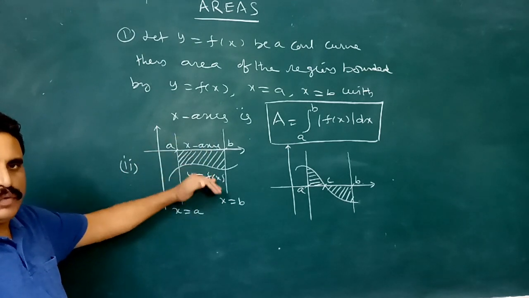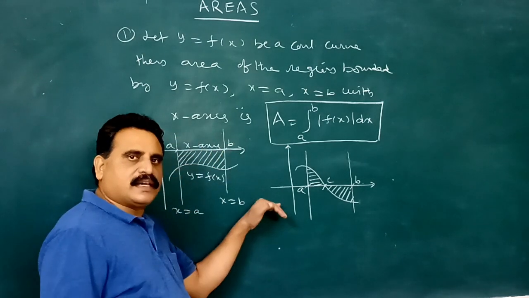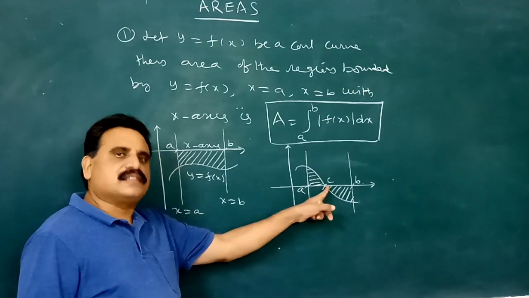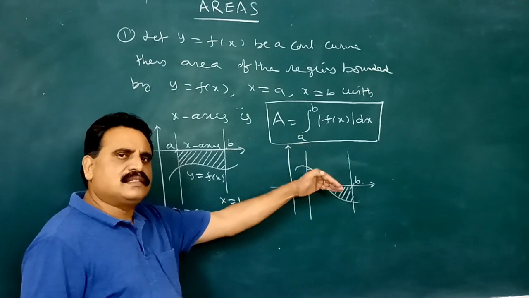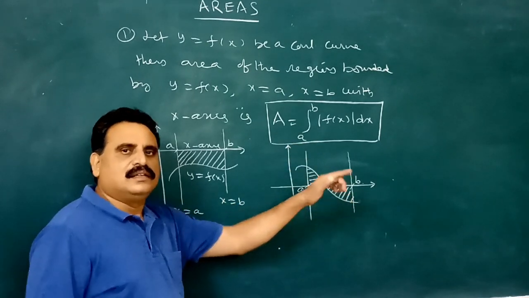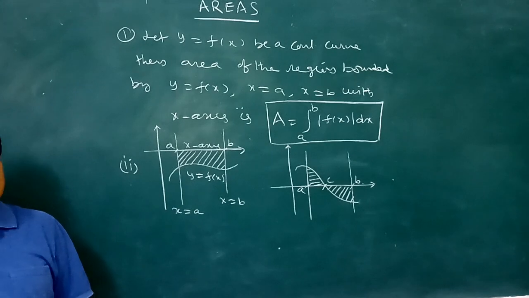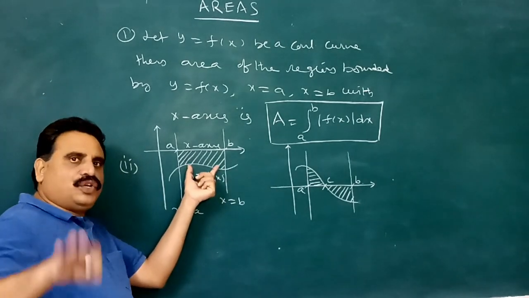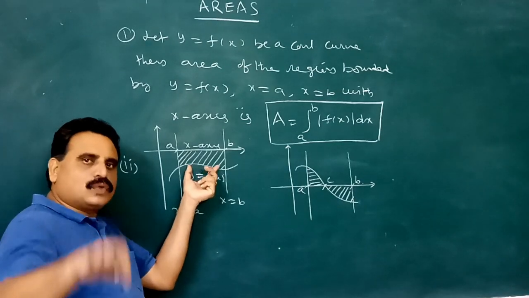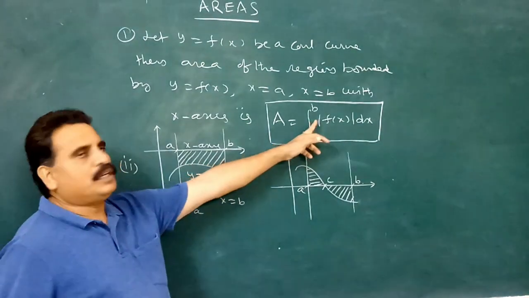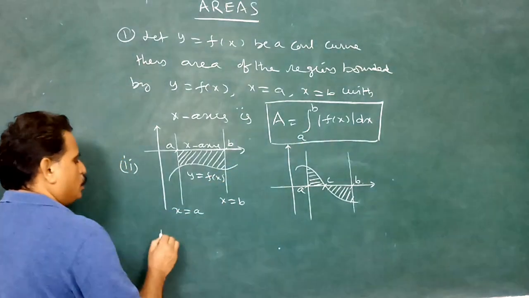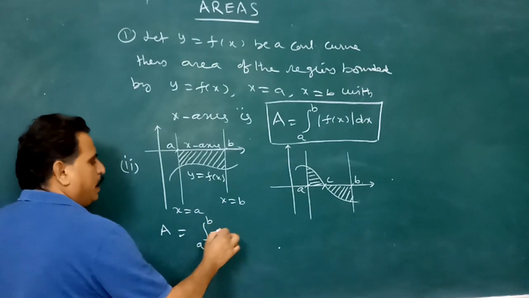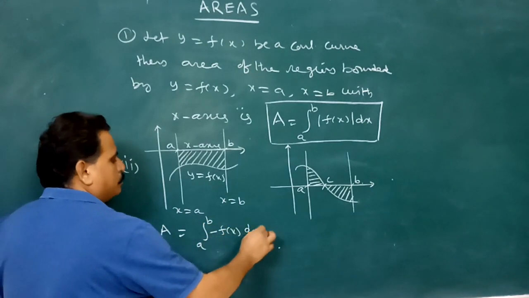If the curve y equal to f of x cuts the x-axis at a point c, some part is above and some part is below. That is the third case. Now we discuss this. In the below case, f of x is less than 0 below the x-axis. According to the definition of modulus, area is integral a to b minus f of x dx.